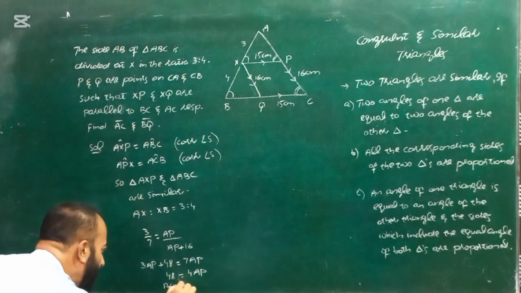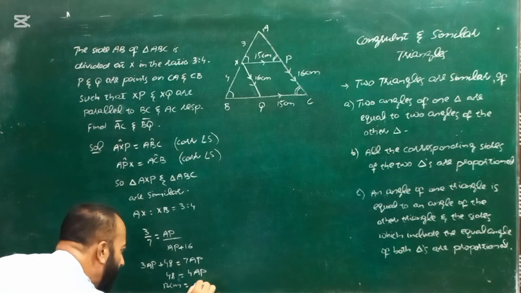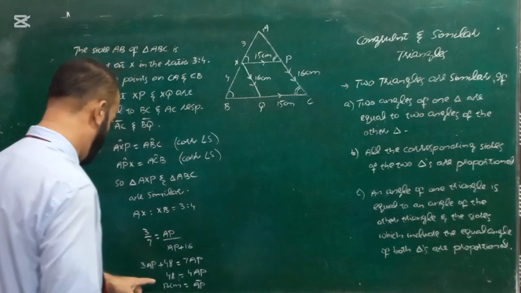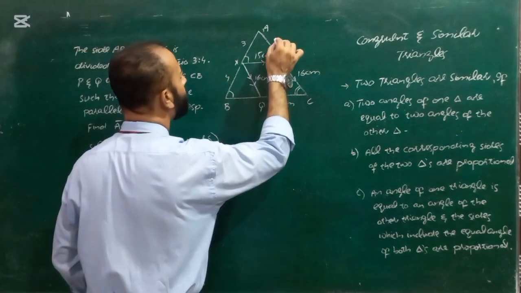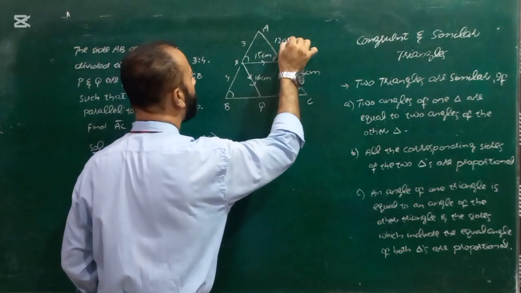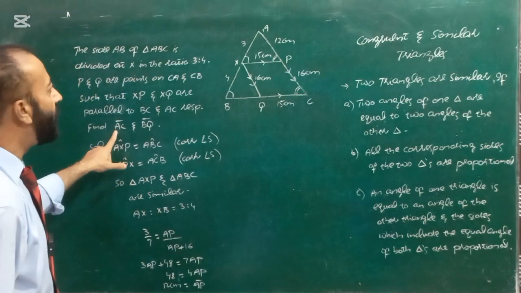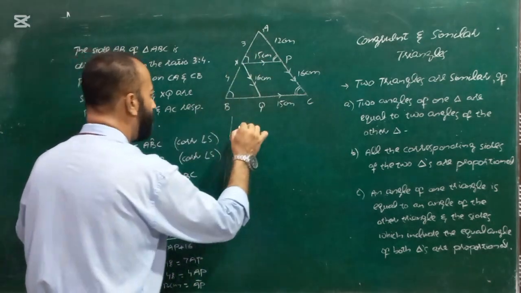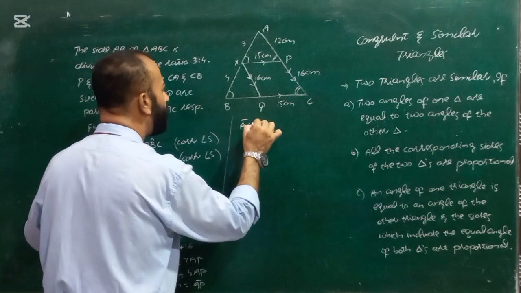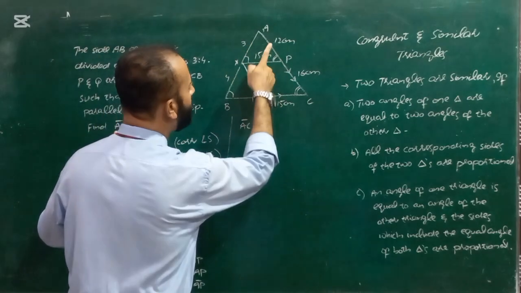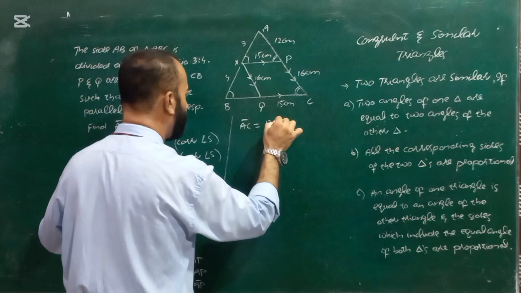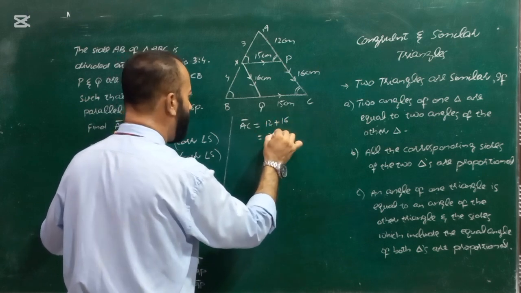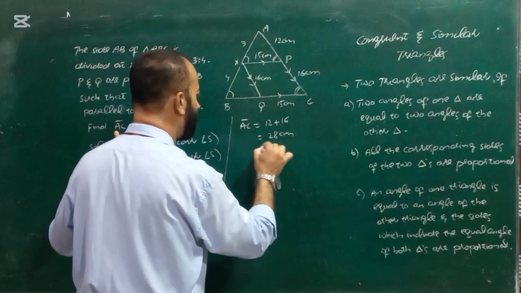So 12 centimeters is AP. Okay, the requirement is AC, so the total length is required. So AC is equal to 12 plus 16. So 28 centimeters. So first thing is done.